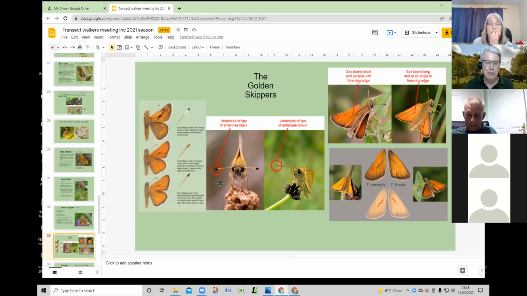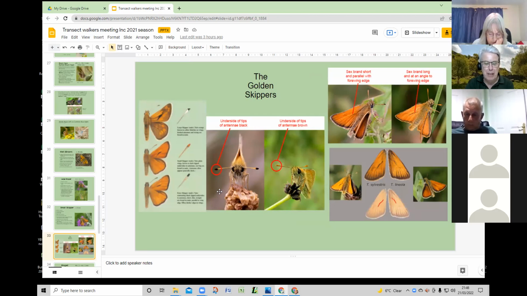So even if you took a photograph and blew it up, which a lot of us do, and we spend a lot of the season blowing up photographs of small skipper antennas, so many of the ones we look at are not truly black. They have bits of brown in, and it takes a macro image really to sort that out, which I know in the field is a completely useless diagnostic system.